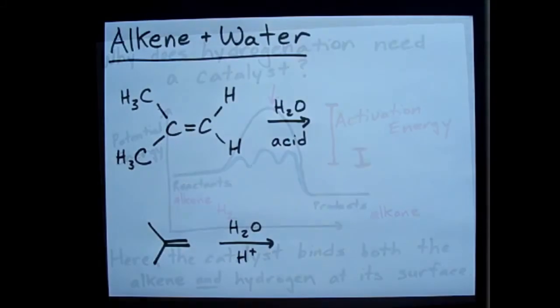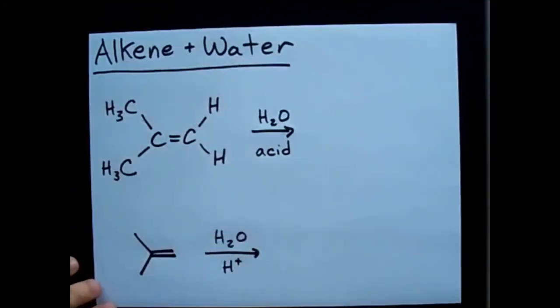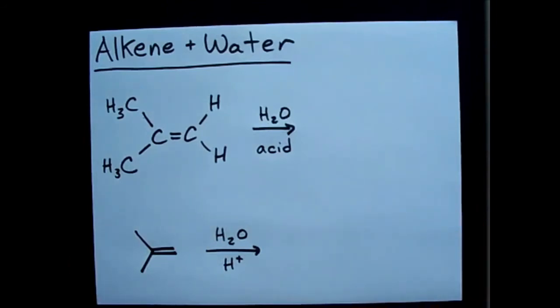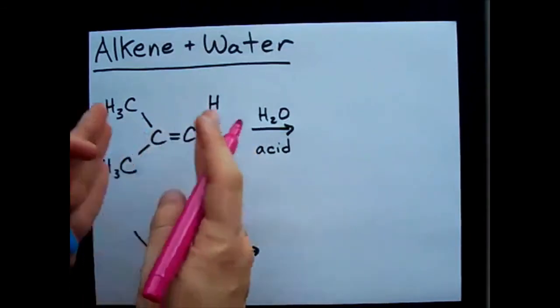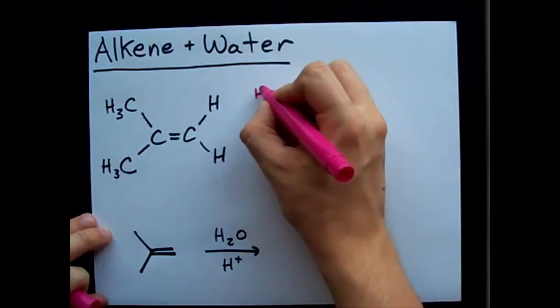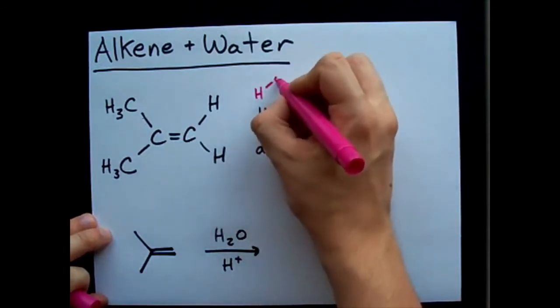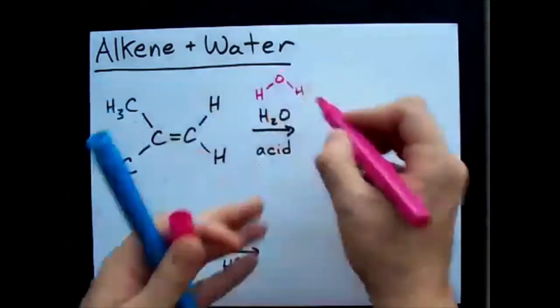We're going to do some organic reactions, like what happens when you mix water with alkenes in acidic solution with a little bit of heat. Well, the double bond of the alkene breaks open, and the water, which as you know comes as an H and an OH attached to each other, breaks open.